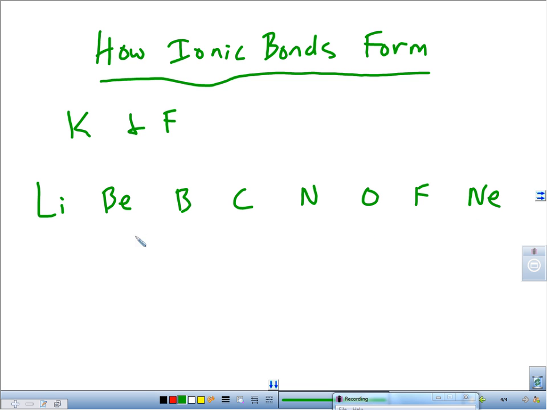All right? As we've talked about already, each of these have a certain amount of valence electrons, 1 through 8. There's a possibility of having 8 total, and that's really what the goal is for atoms to have 8 valence electrons that look like a noble gas. It's called the octet rule.